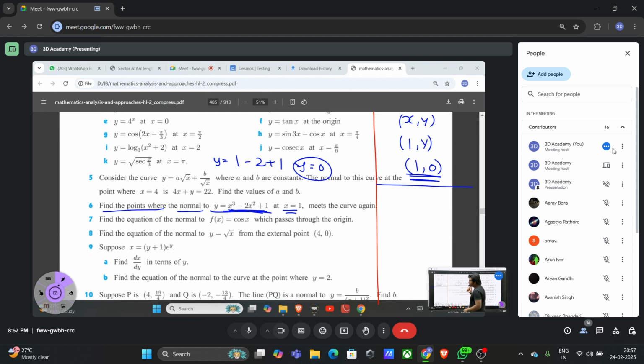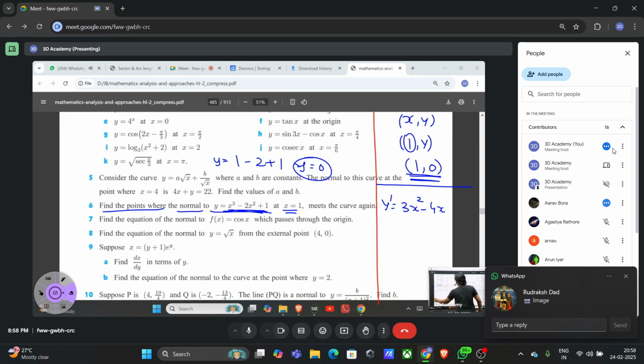Second, now I will differentiate the given equation. So my differentiation comes out to be 3x square minus 4x plus 1. Am I right? And again, differentiation at the given point only. Oh, sorry, constant. Very good.